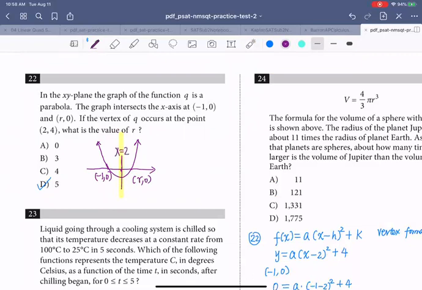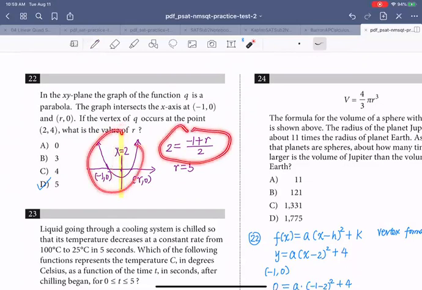This is the axis of symmetry. So 2 is going to be the midpoint between -1 and r. Correct? So r equals what? 5. r equals 5. Yes. Right? Because I know this very clearly. So for myself, I just write this down in one step. That's why I say this is a 2-second question.